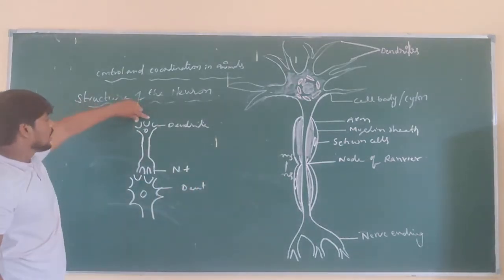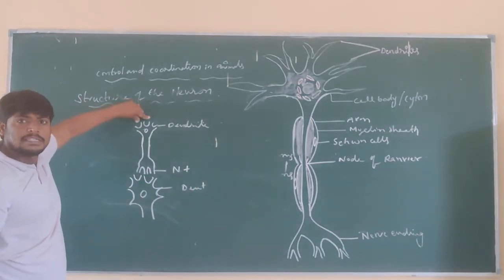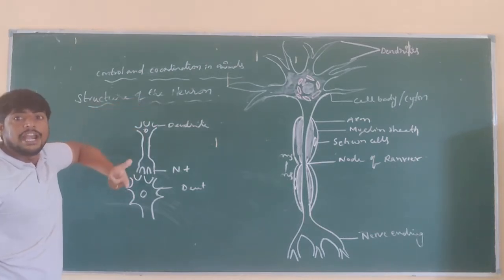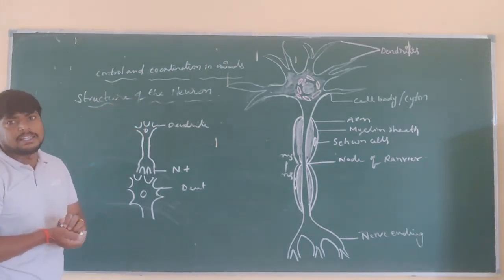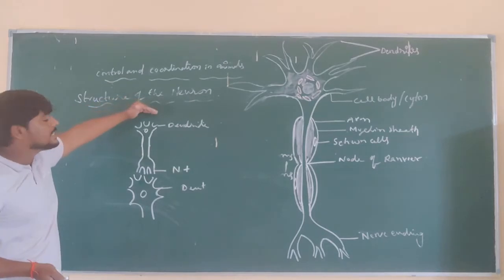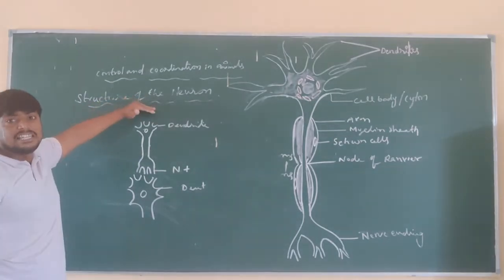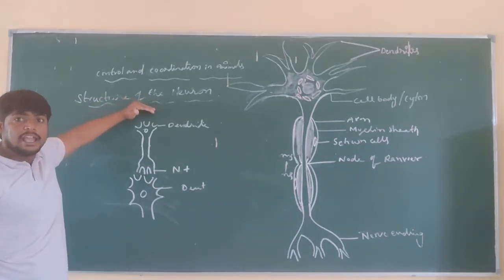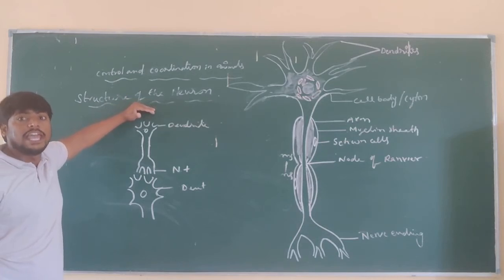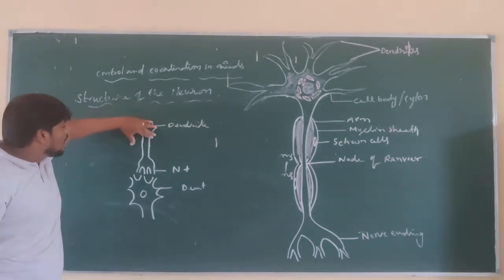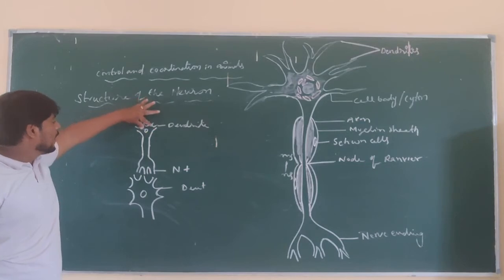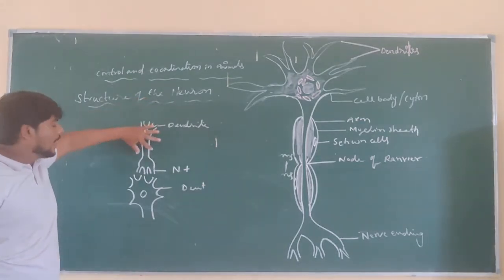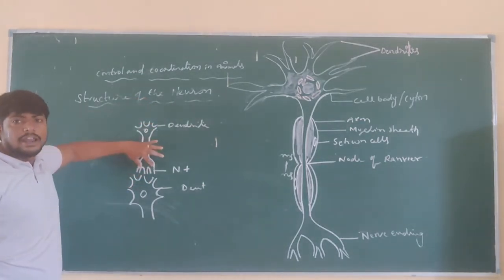From this nerve cell, the electric impulse is generated because of the stimulus. When the stimulus acts on the receptor cells, it allows the creation of the electric impulse, which is passed through these dendrites to the cyton to the axon, and reaches the nerve ending.